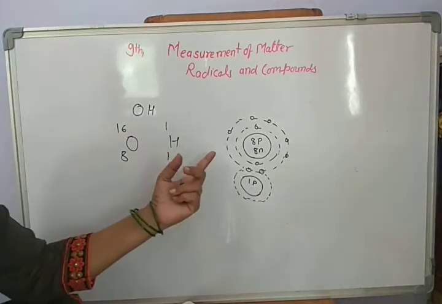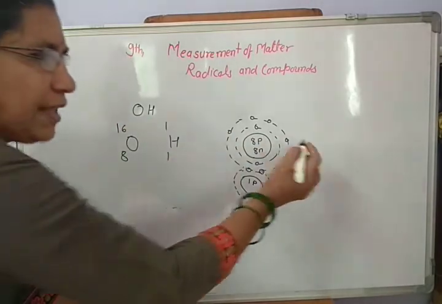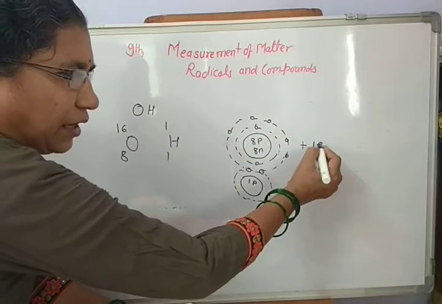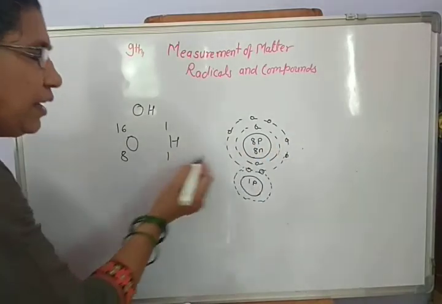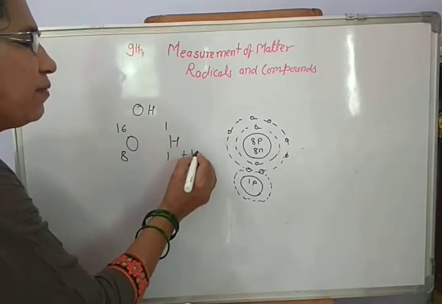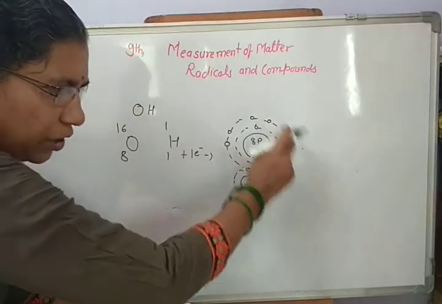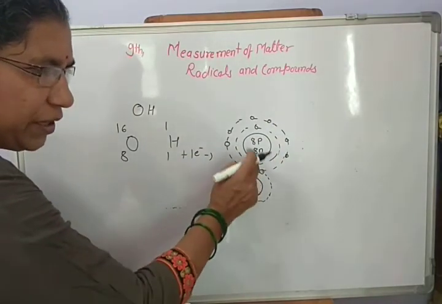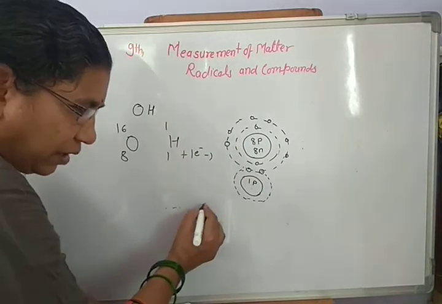But there is still a lack of 1 electron to complete the octet. So this accepts 1 electron. This oxygen accepts 1 electron, plus 1 electron gives 1 more electron. Now the octet is completed, the duplet is completed, but there are a total of 8 plus 1, 9 protons.